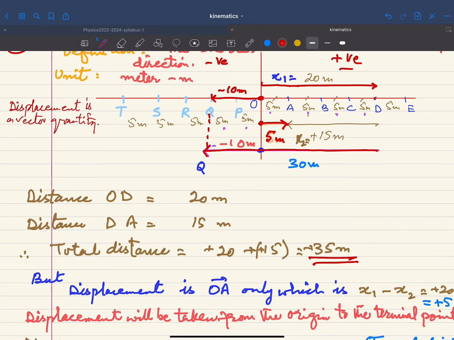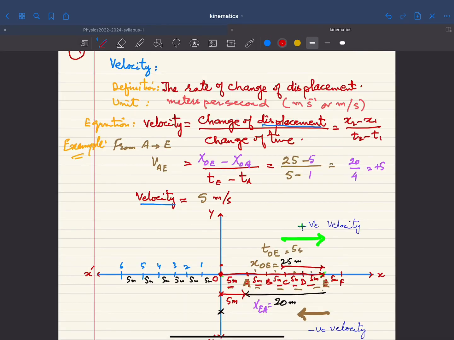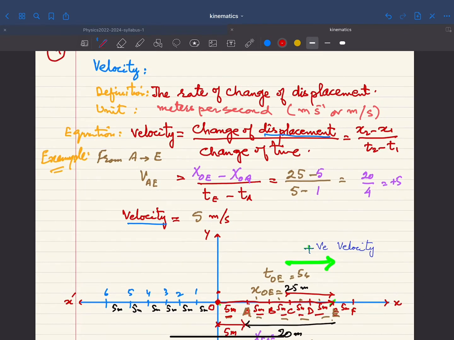In the positive region, and in the negative region, the point is that you have moved from O to D in the positive region, and you have moved from D to Q. But remember, when you are moving from D to Q, you have actually come back to the original point which was 0 or O, and then you have moved towards another region, the point which is Q. So Q was in the negative region. So what is your displacement this time? Negative 10.